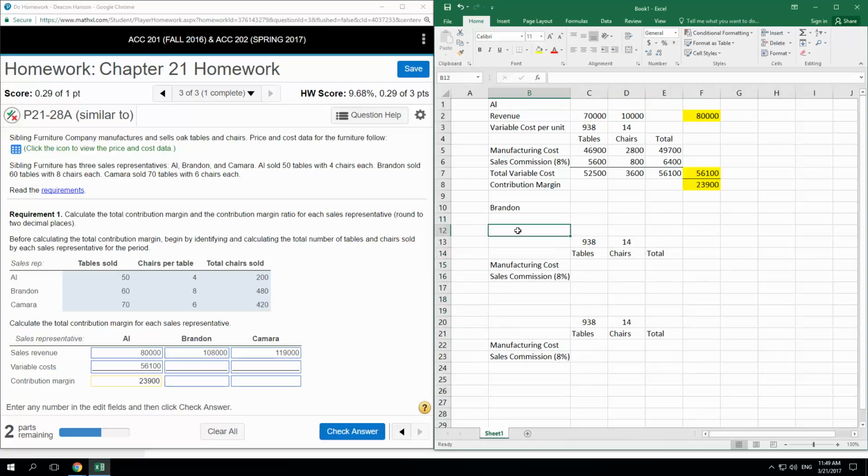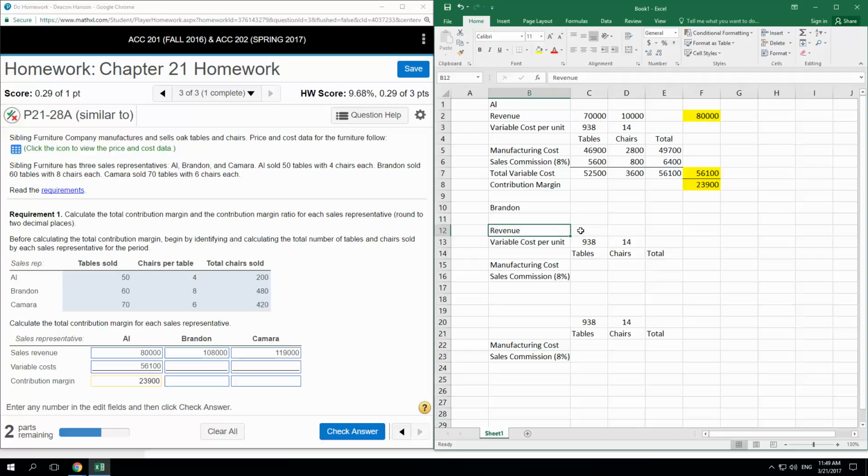We've got Brandon's revenue. We already have the units, right?